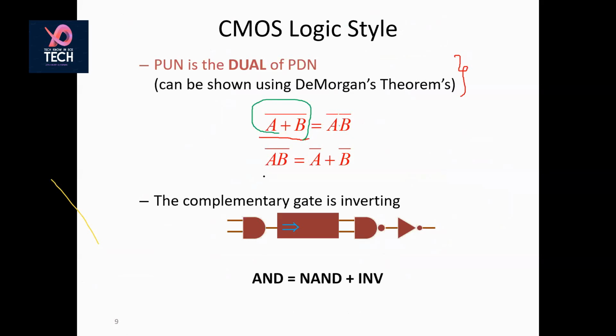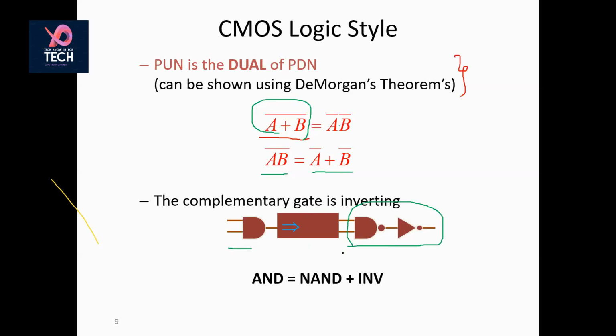And if your pull-up network is (AB) bar, your pull-down network is going to be A bar plus B bar. So that's very important. If you have an AND gate, it can be implemented using a NAND gate followed by an inverter.